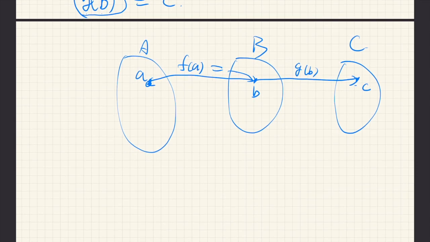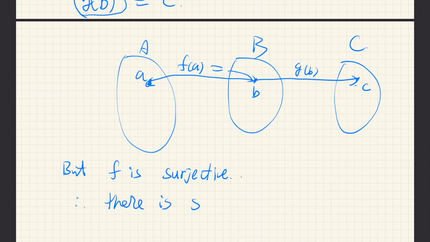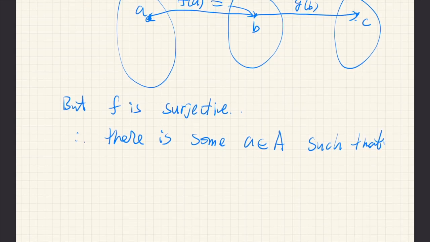Okay, but f is surjective. Therefore, there is some element in A such that f of a is equal to b.